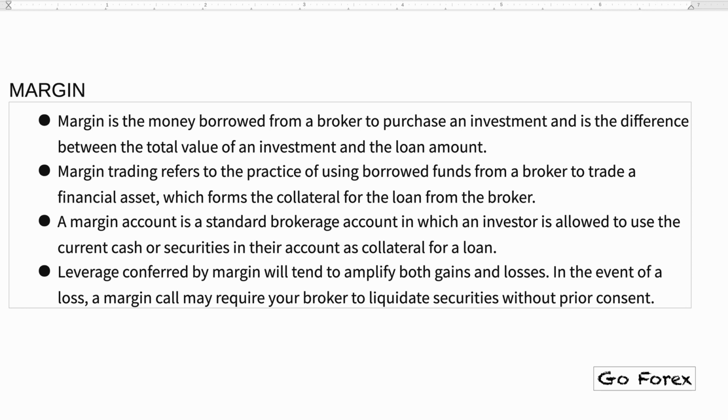A margin account is a standard brokerage account in which an investor is allowed to use the current cash or securities in their account as collateral for a loan. Leverage conferred by a margin will tend to amplify both gains and losses. In the event of a loss, a margin call may require your broker to liquidate securities without prior consent. That's the bottom line for margin.